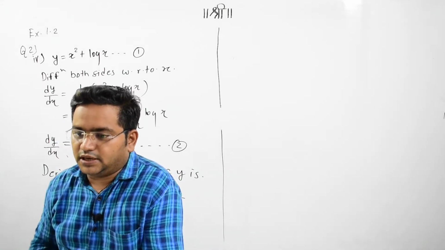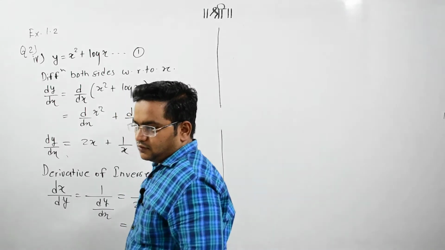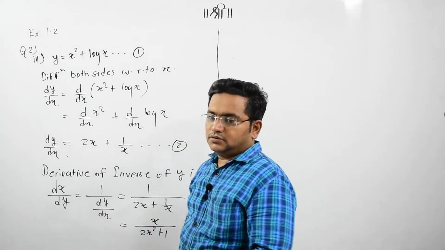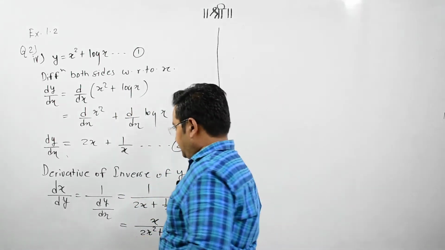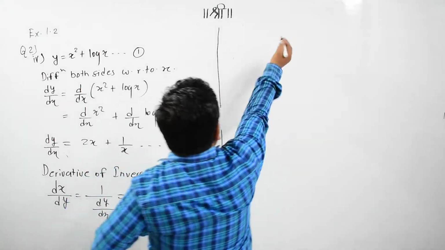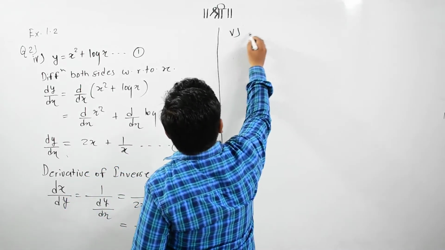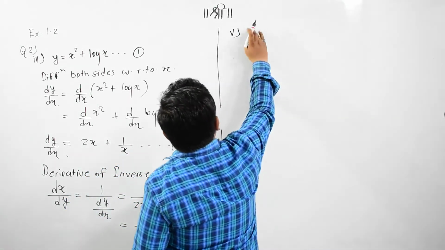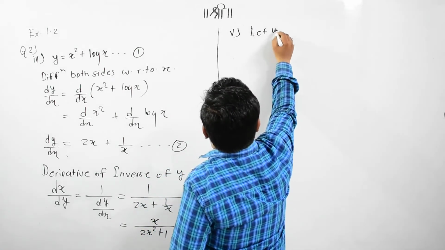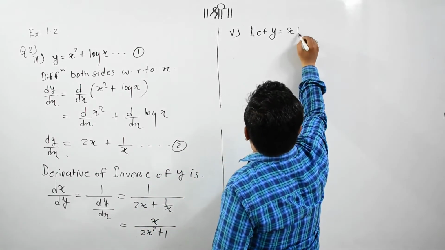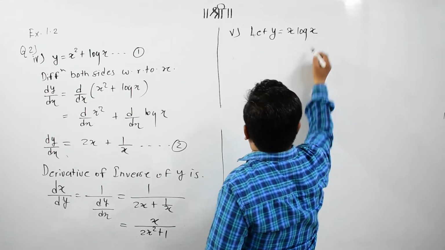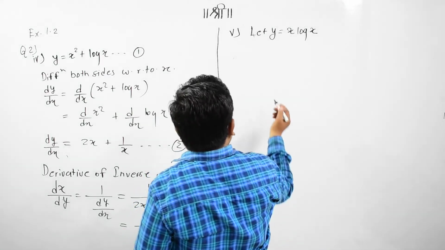Now, next step is what? Our next question is y is equal to x log of x. So, question number 5 says that. We need to say here, let y is equal to x log of x. Now, here is again an interesting parameter.